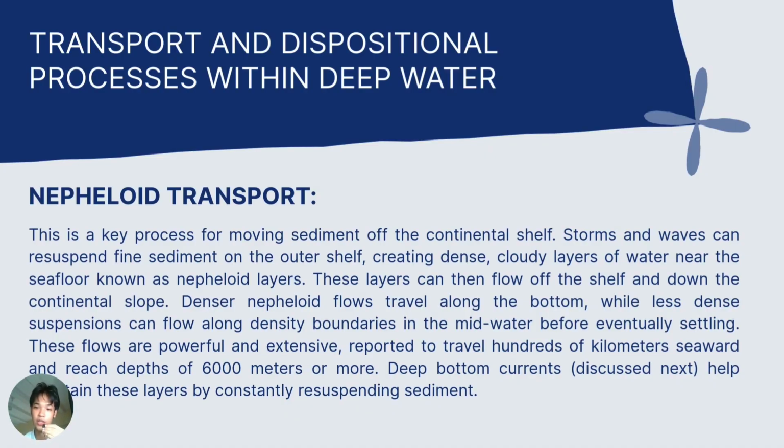These sediment-rich layers can then flow off the shelf and down the continental slope like underwater rivers. These flows are powerful and can travel hundreds of kilometers seaward, carrying sediment from the shallow shelves out into the deep ocean basin.